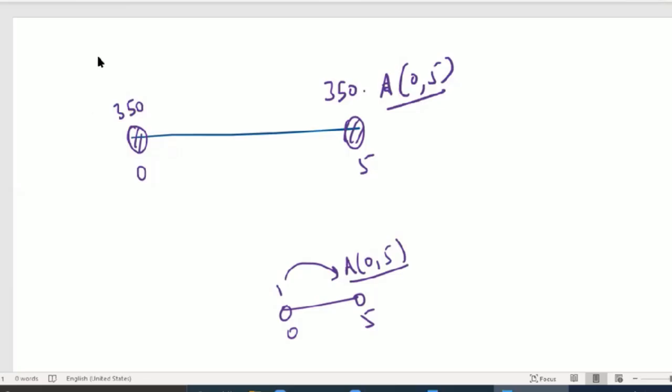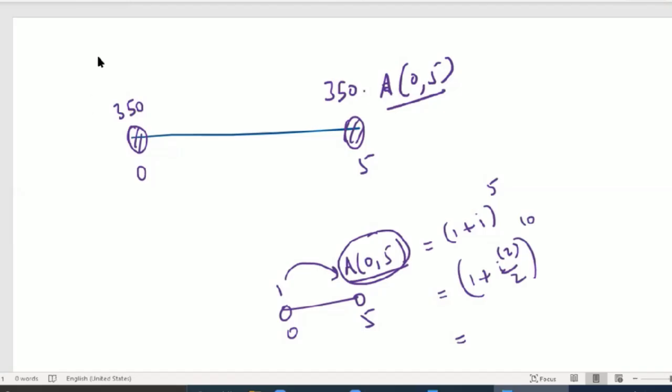So then what's the relation between accumulation factor and force of interest? No relation. Suppose I is given, I can write this also, 1 plus I power 5, because if you deposit 1, it grows to 1 plus I power 5. This is a new notation now. If you want to use i2 by 2, you can write 1 plus i2 by 2 power 10. Normally, they must have used it in force of interest. That's a separate thing, there is no link. This is a notation.